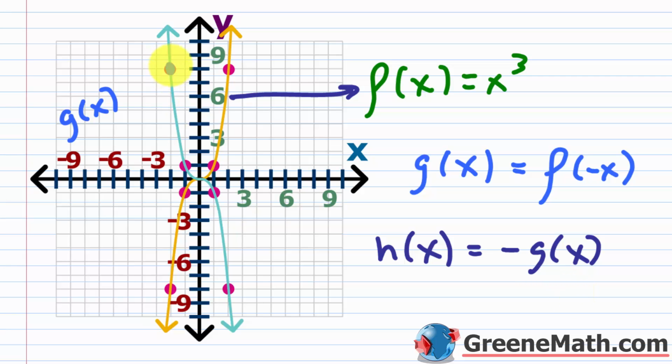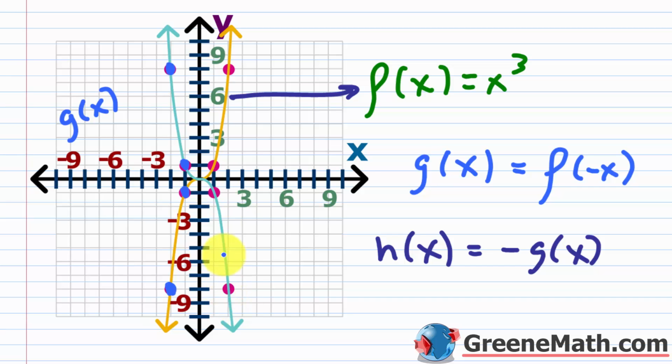So this point right here, we're going to have the same x value, which is going to be negative 2, but the y value is going to be different. So instead of negative 2, 8, we're going to have negative 2, negative 8. So it gets reflected across the x-axis. Instead of negative 1, 1, we're going to have negative 1, negative 1, and so on and so forth.